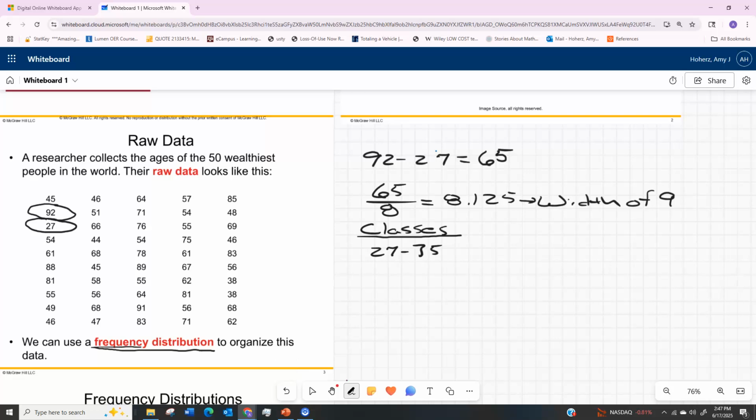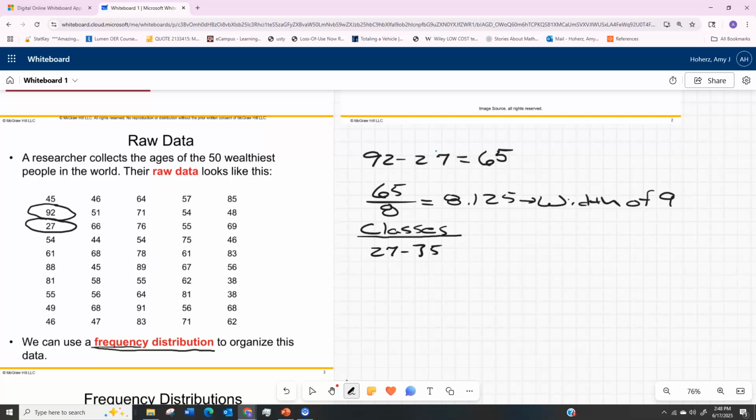Now if you take 35 minus 27, you're going to get 8, but that's because you're counting how much it is between 27 and 35. But if you count all the numbers, that's 9 numbers. So we have 9 ages that would go into the class of 27 to 35.